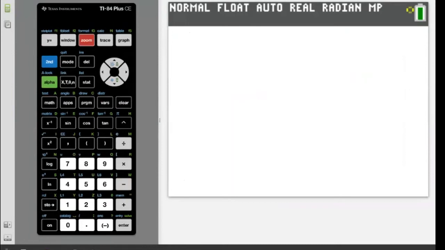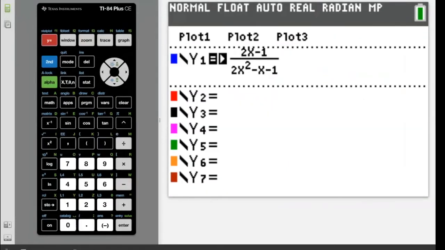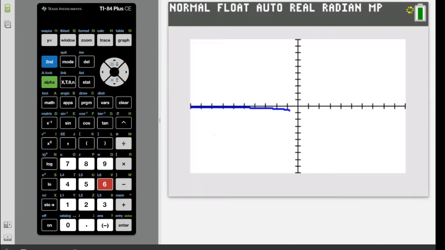Okay, let's zoom standard on this. Did I type that in right or did I do this wrong? Oh, made a mistake. That's why the picture doesn't work. Let's make that a plus. And there we go. Now let's try it again. Zoom standard. Okay, now there's the graph.